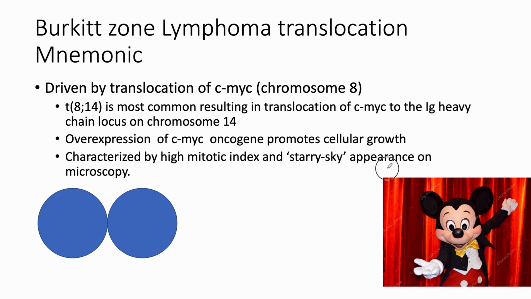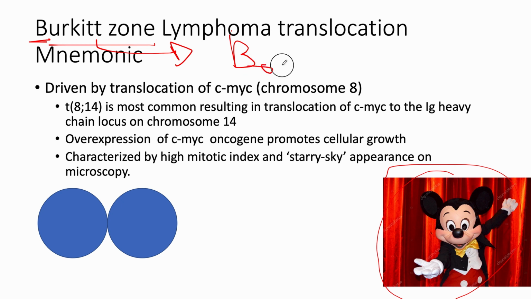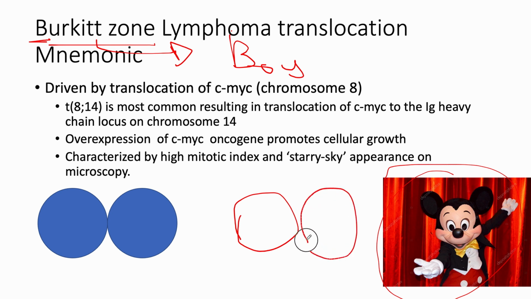This one's in children. Another way to help remember this is with Mickey Mouse. How? When you see Burkitt lymphoma, think of Burkitt as in boy. Boys like to watch Mickey Mouse. So when you draw Mickey Mouse on your paper, draw Mickey Mouse's ear. When you draw the ear, we're going to basically see the number 8.